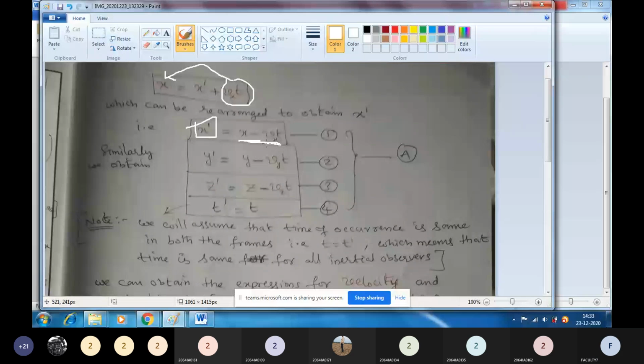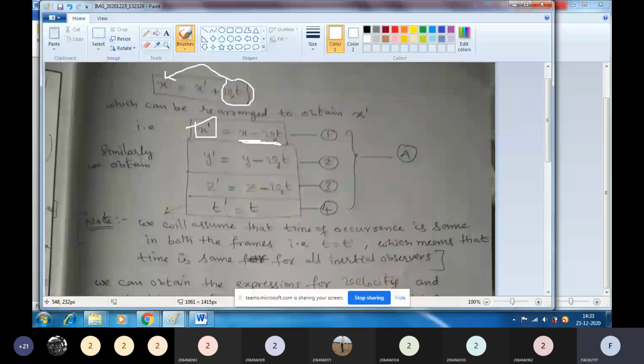Suffix x is there, that is the meaning of x-axis. So x prime equals x minus vxt. Velocity is towards the x-axis, so suffix x is there.